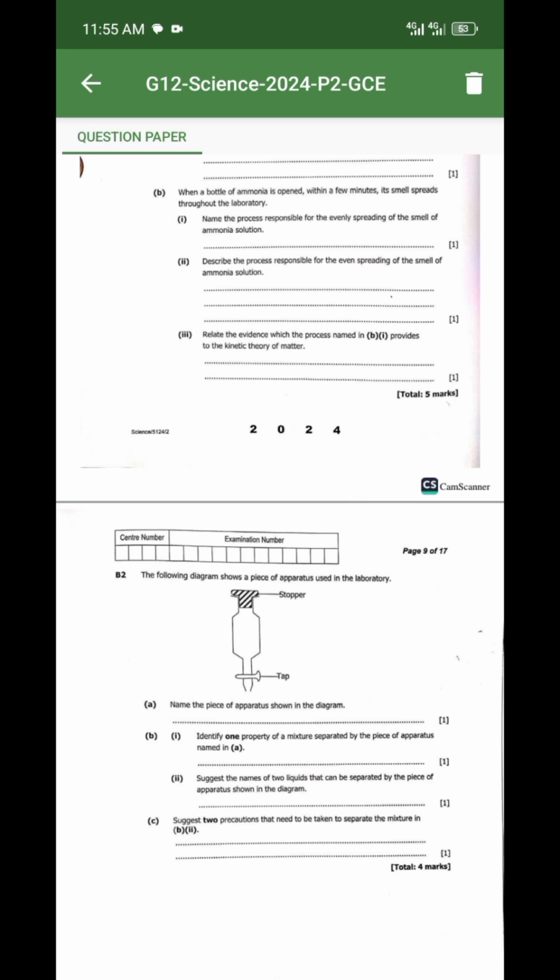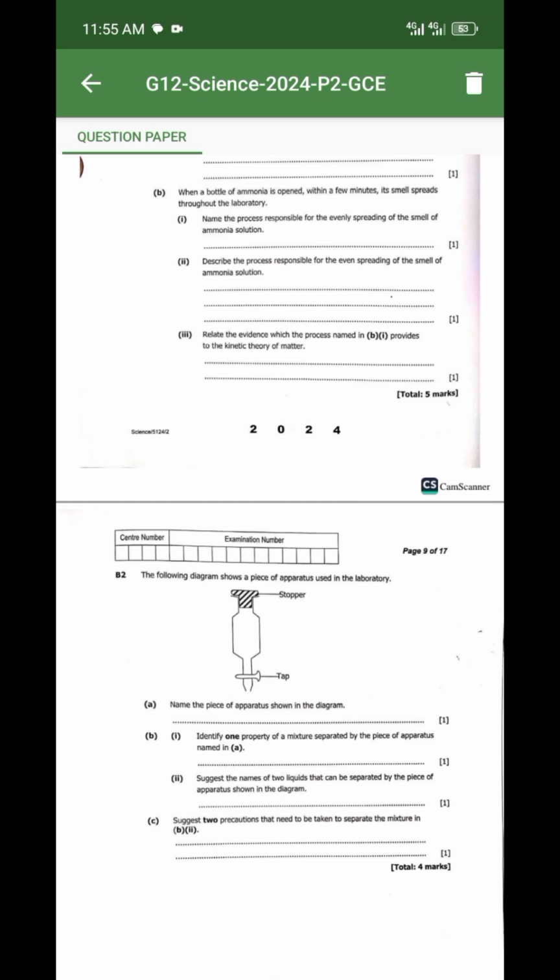Also, the tap must be placed carefully in a fixed position, so that when you close it, it does not allow more substances to come out.